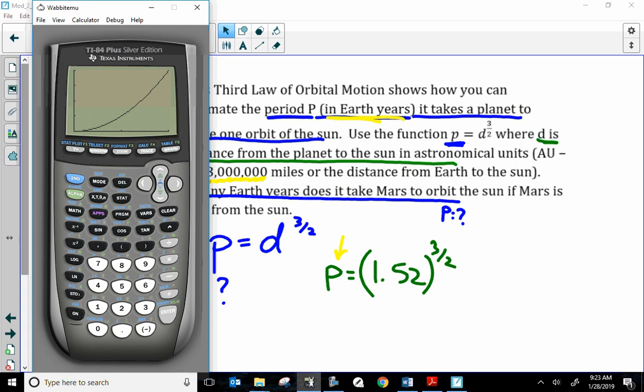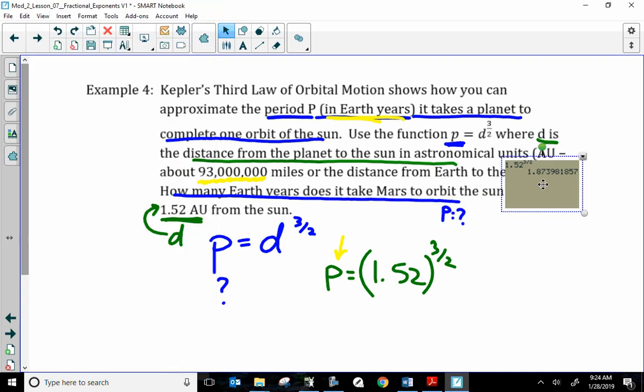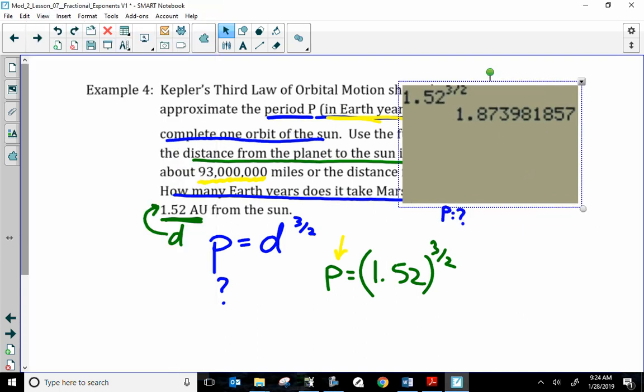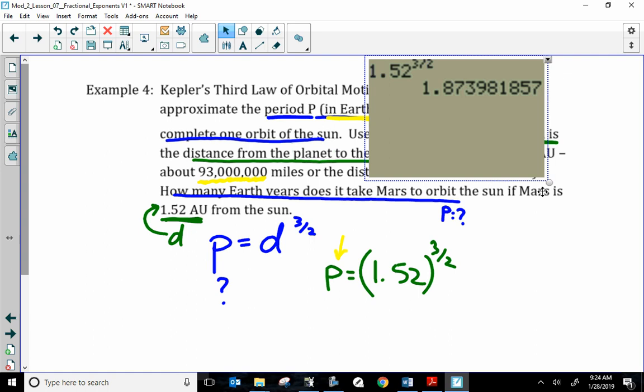is you need to take, let me quit this right here. Yeah, there you go. And I want to take 1.52, and I'm going to raise that to the 3/2. And I'm going to get approximately 1.87.